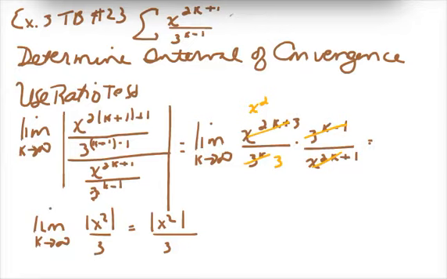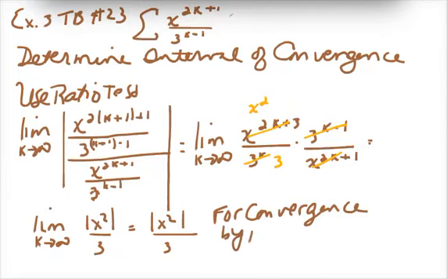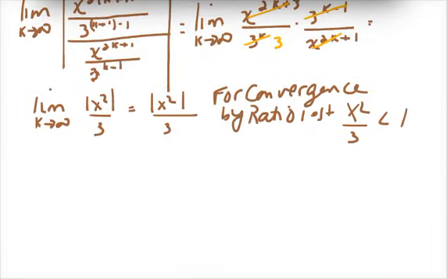So for convergence by the ratio test, we've got x squared over 3 must be less than 1. So solving that inequality, you get x has to be less than the square root of 3 and greater than the negative square root of 3.